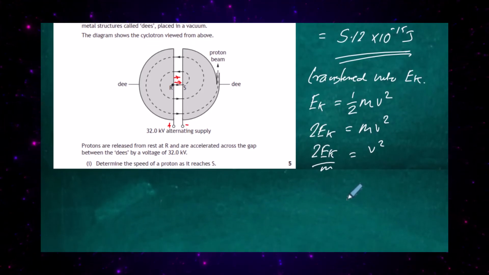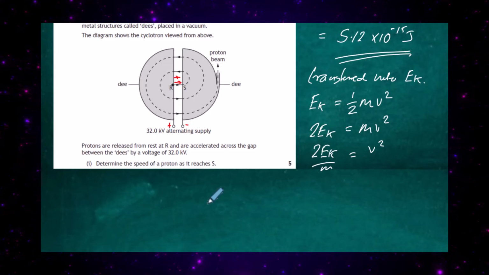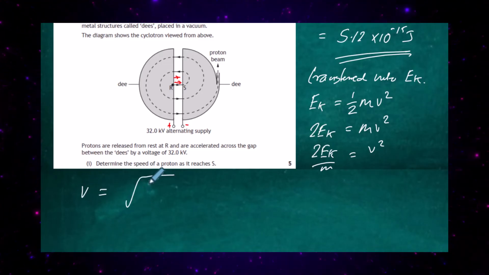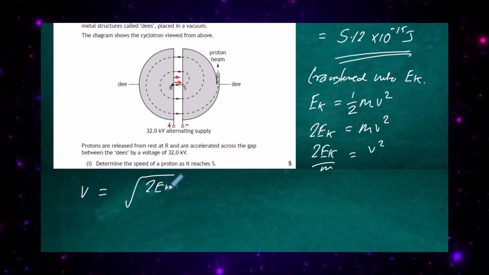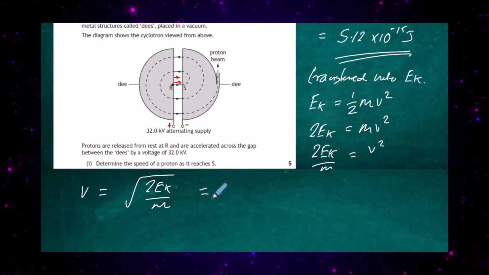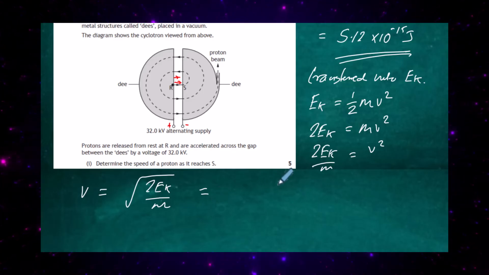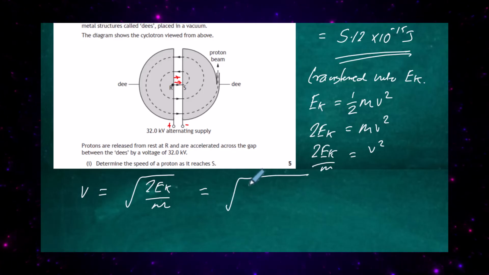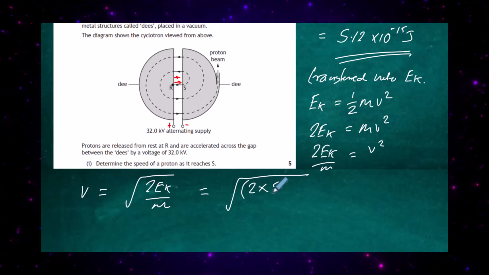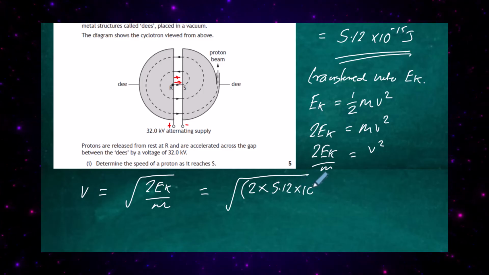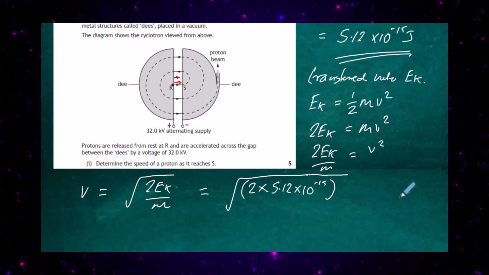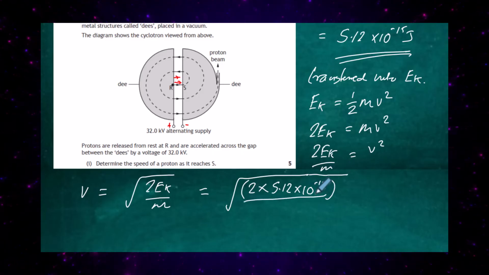Once we've done that, we can take the square root to get v. So the speed is equal to the square root of double the kinetic energy divided by the mass of the particle. Now we know the kinetic energy is equal to the work done on the proton, so our numerical sum will be the square root of 2 times the kinetic energy, 5.12 times 10 to the minus 15, divided by the mass of the proton.